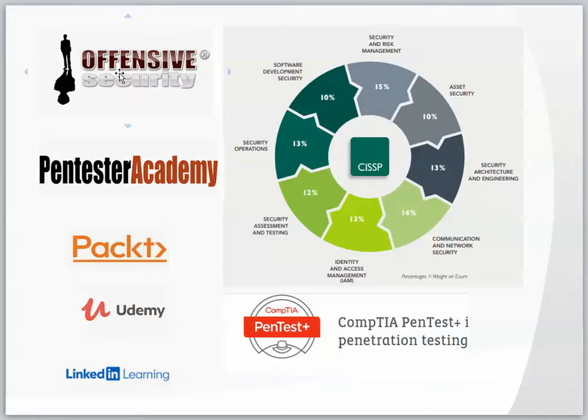As you can see from here, I'm studying for Offensive Security, with Pentest Academy, Packt Publishing, Udemy, LinkedIn Learning, and also CompTIA PenTest+ for penetration testing, which is a course you can self-study and then pay Pearson VUE £200 to sit.